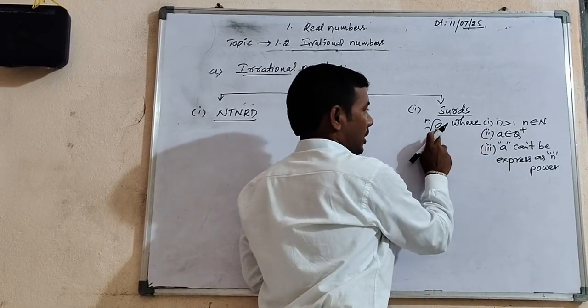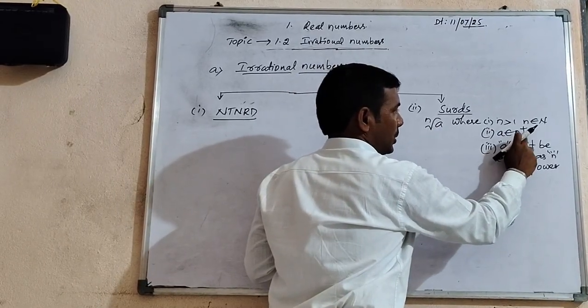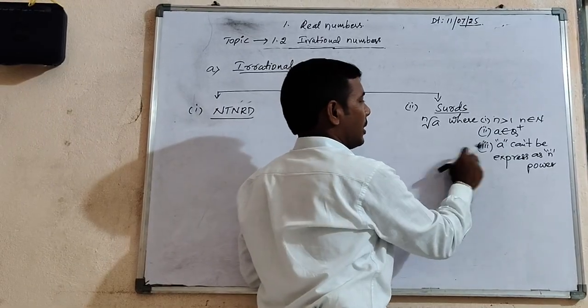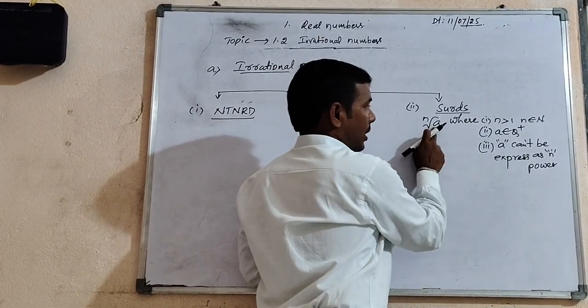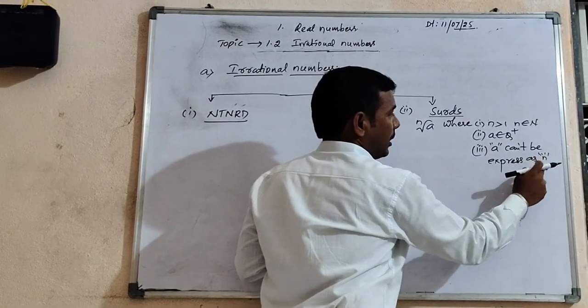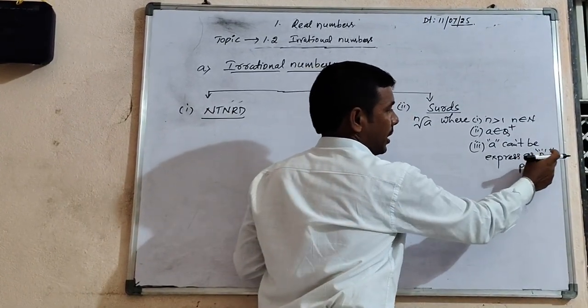Second condition, inside, a should be a positive rational number. Third condition is a cannot be expressed as an nth power.